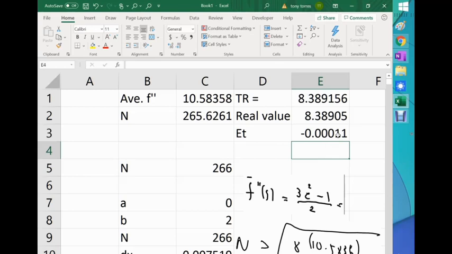Again, you can certainly use the error bound. I prefer truncation error because it makes more sense to me. At the end, it makes a lot more sense. If you want to have a precision on your integral at this level, then for this particular integral you have to have 266 steps, right?